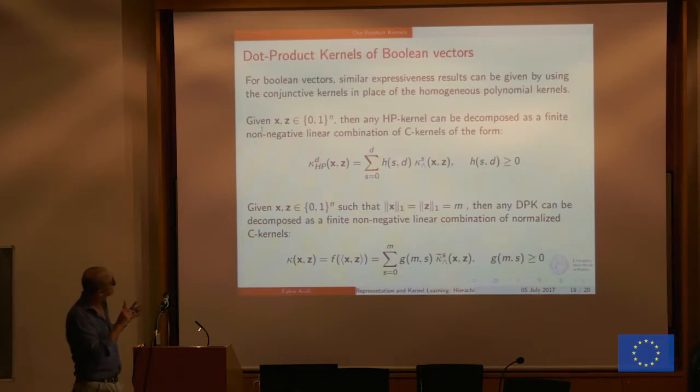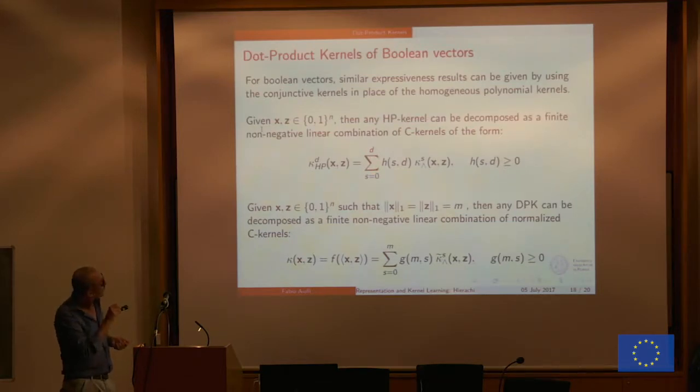The result that we have demonstrated is that any homogeneous polynomial of degree d can be seen as a combination of conjunctive kernels of degree s for increasing s, from 0 to d.